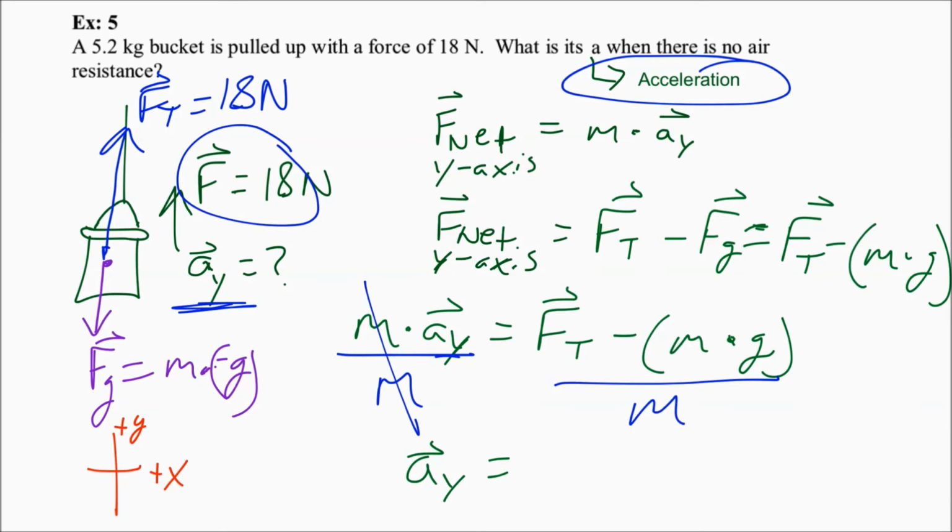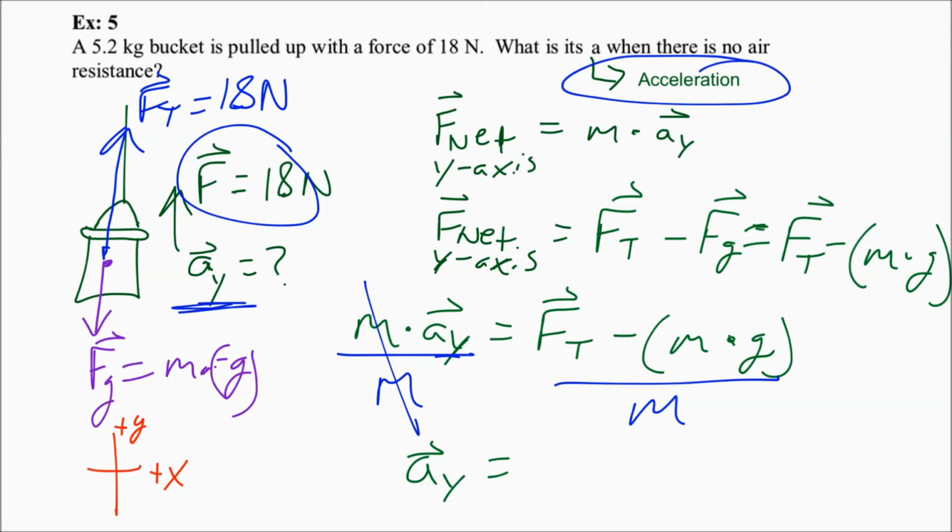Now, one special note here: you cannot cancel the mass in this term. That's not possible because this is not multiplication or division here. This is addition or subtraction, so you can't do that. So don't be tempted to.